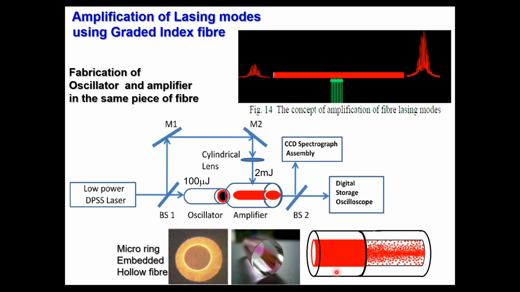On the same piece of polymer, we are fabricating a micro ring embedded hollow fiber, and a part of this will be a graded index structure. Once this is drawn in an optical tower, you have a combination of these two, the micro ring embedded structure and the graded index structure, available on the same piece of fiber. So that is the oscillator and amplifier in the same piece of fiber.